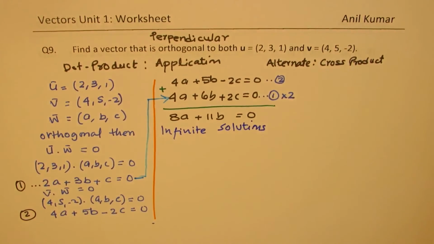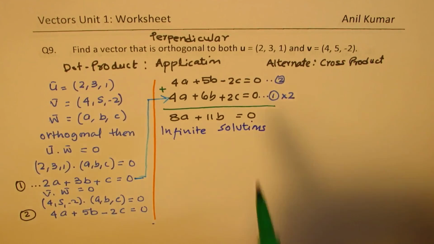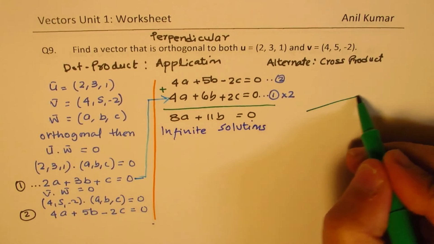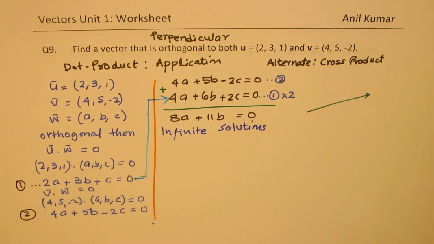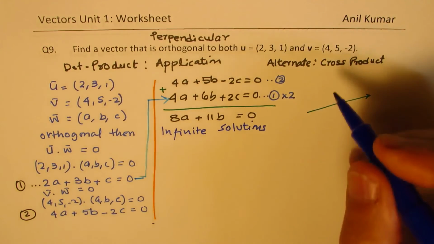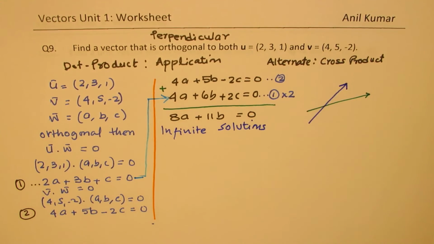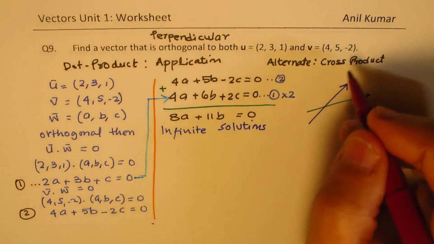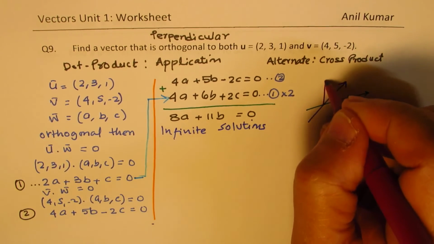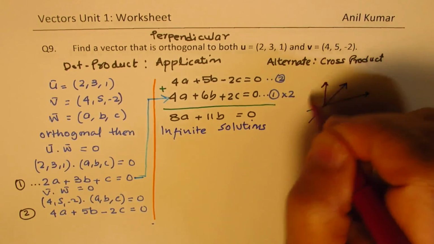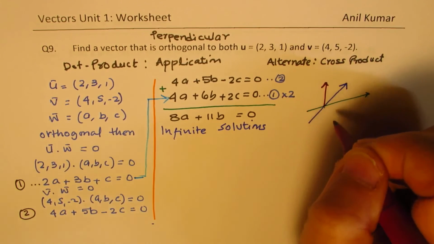It makes sense. You know, when you have these two vectors, let's say we have a vector u on this plane and we have another vector v, right? In that case, all the vectors which are perpendicular to the paper will be perpendicular to them, right? Do you see that?